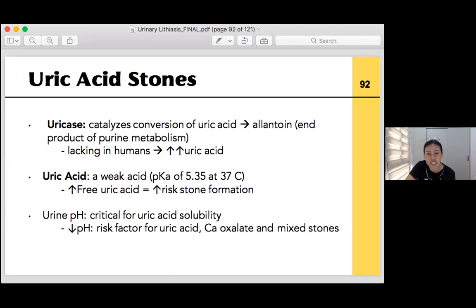Uric acid is a weak acid, and the proportion of its free uric acid is what determines our risk for stone formation. Urine pH is the critical factor that determines uric acid solubility, and low urine pH is thought to be a risk factor for uric acid, calcium oxalate, and mixed stones.